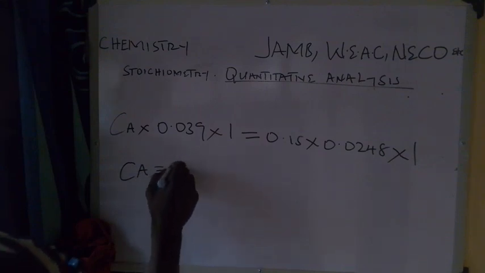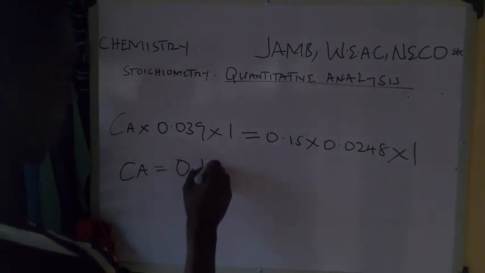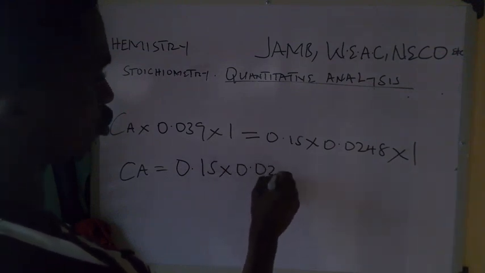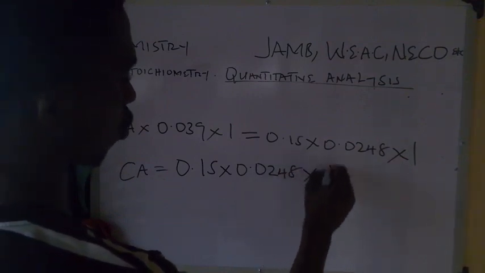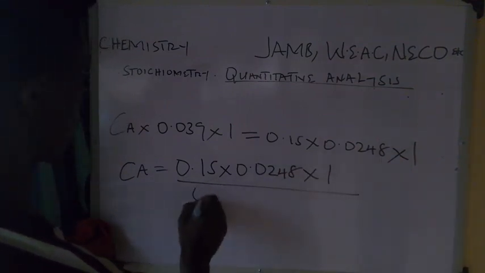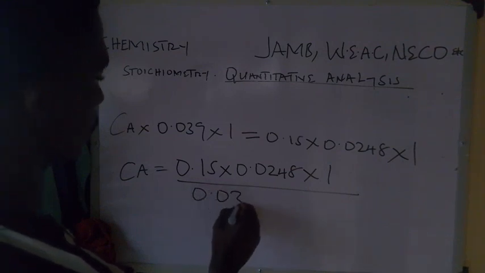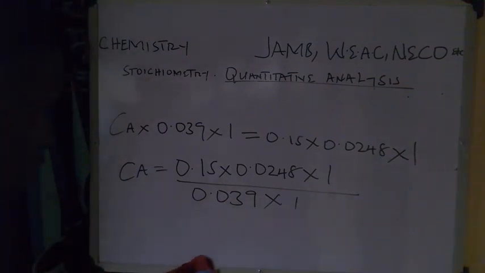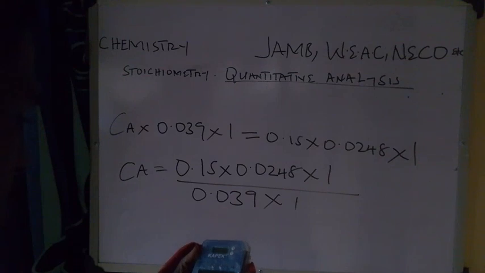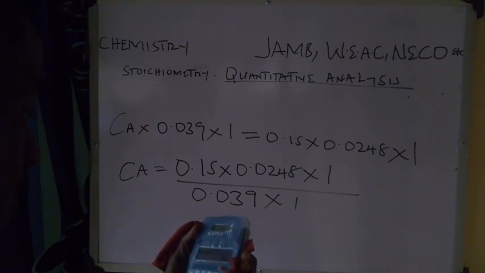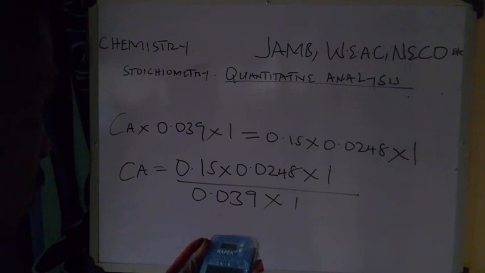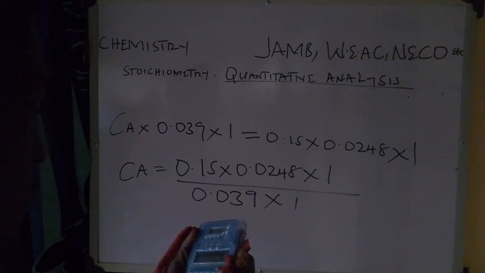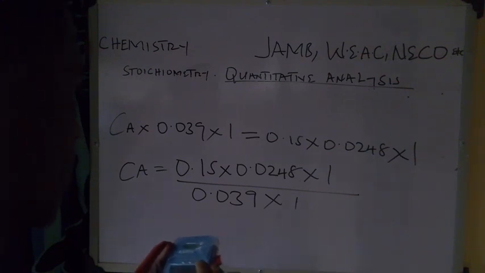So CA is going to be 0.15 times 0.0248 times 1 all over 0.039 times 1. So 0.15 times 0.0248 times 1, what do we have?